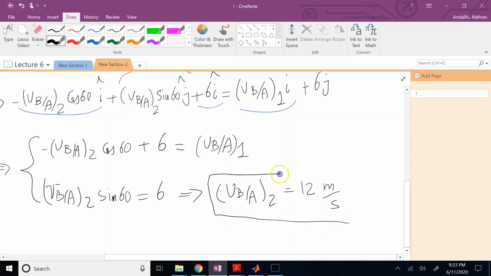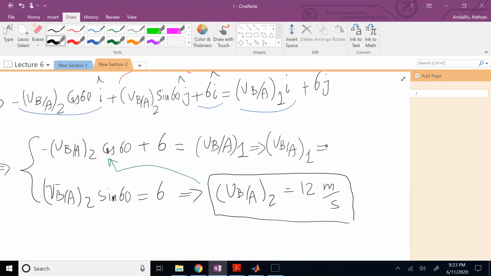So this is the magnitude of the wind measured from the boat in position 2, 12. If I plug it back here and calculate the magnitude of wind with respect to boats in position 1, I should get a different number. And if you plug that 12 here by cosine of 60, which is square root 3 over 2, and add 6 to it, you're going to get 6 minus 6 square root 3.